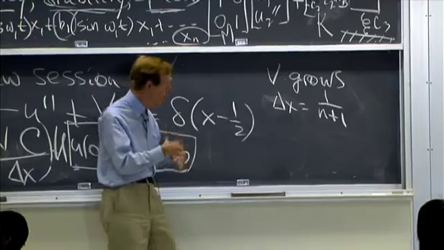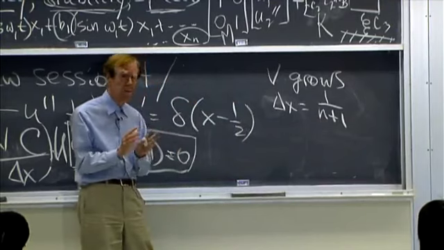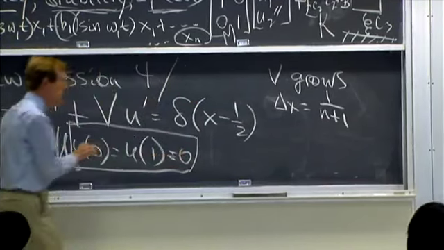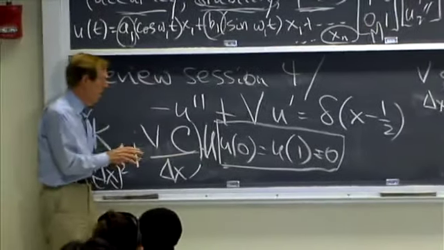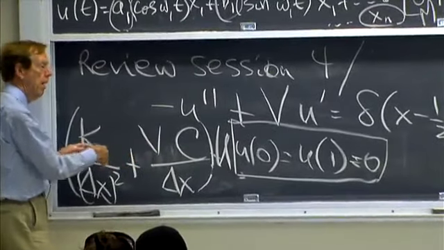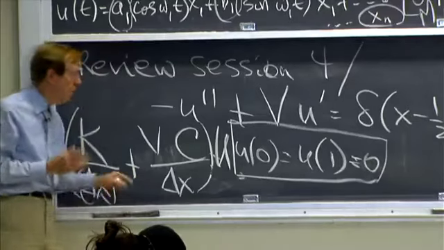How do we interpret increasing n? I guess we expect more and more accuracy. As n increases, delta x gets smaller, and this should be a better and better approximation to the differential equation.